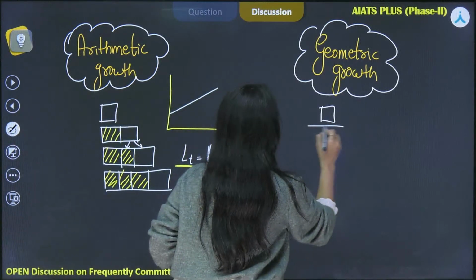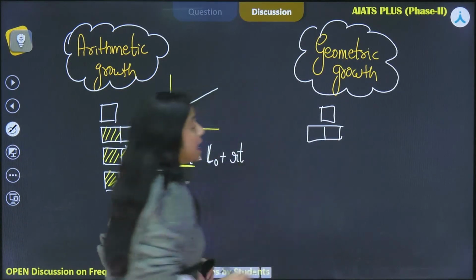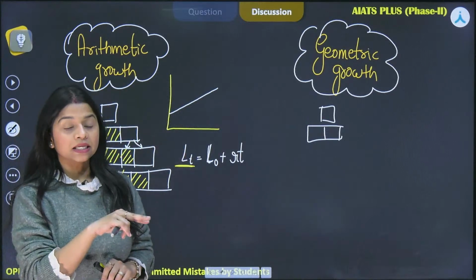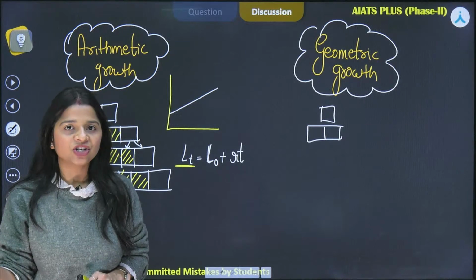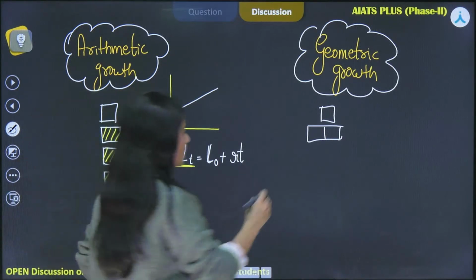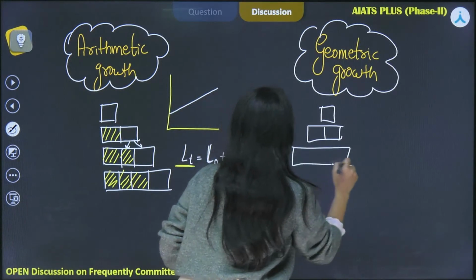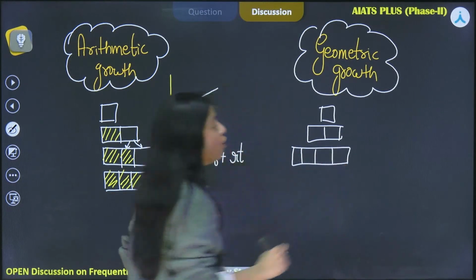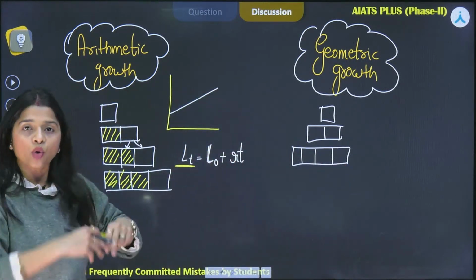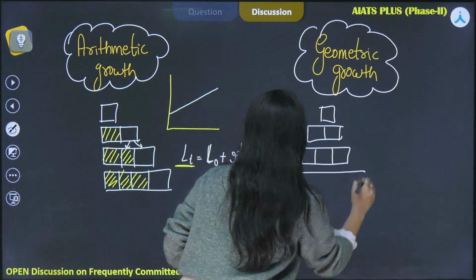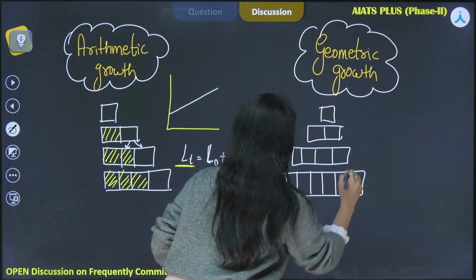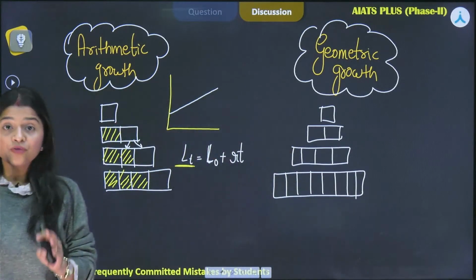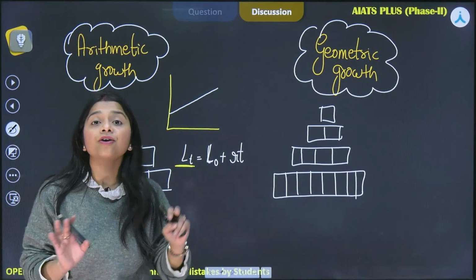Now both of these daughter cells will further produce four daughter cells. None is becoming differentiated, none is getting permanent. So it will further divide into four daughter cells and these four will further divide to form 8 daughter cells. Clear with everyone? So this is the geometric form of growth.